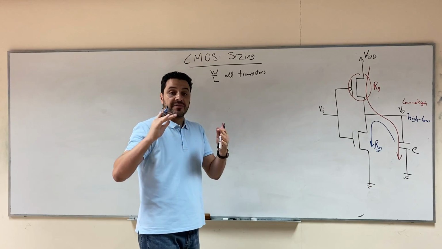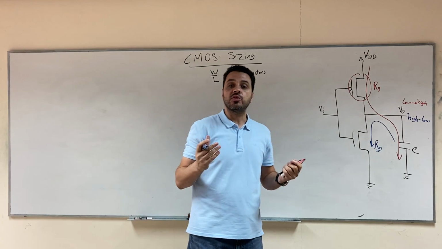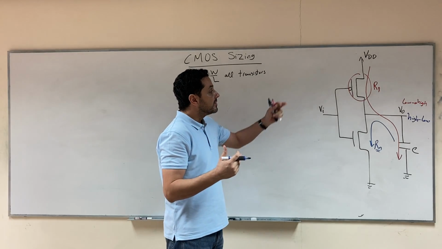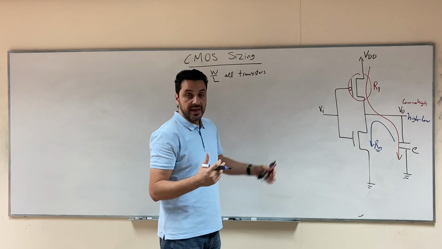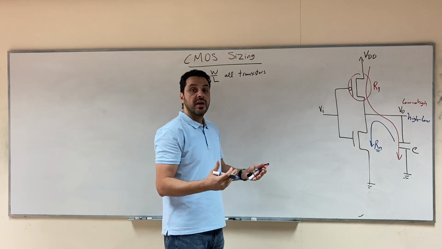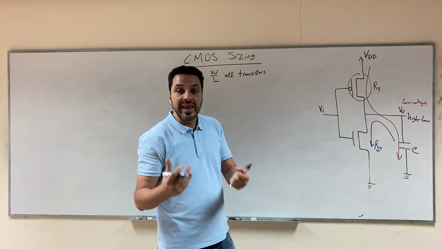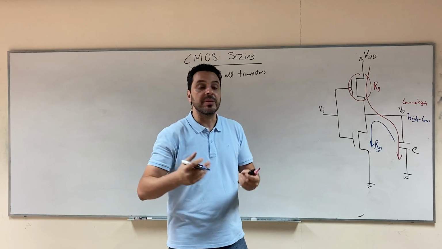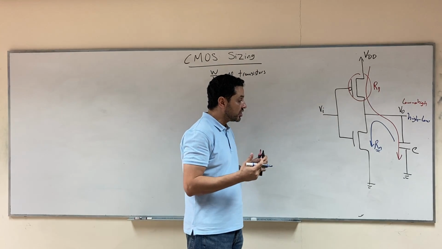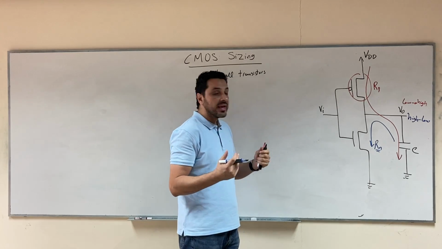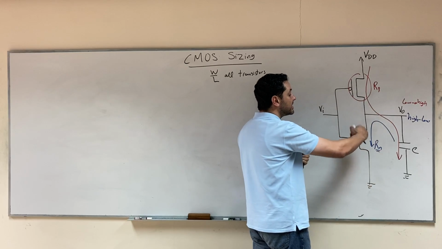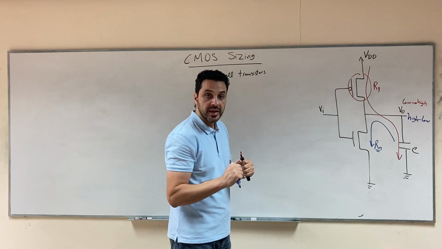The first piece of information that we need to know here is that usually we need both transistors, the PMOS and the NMOS in the inverter, to have the same driving capability of the current, the same capability of charging and discharging the capacitor. This means we need the speed of charging the capacitor to be the same as the speed of discharging it.